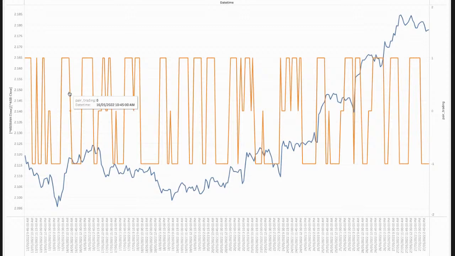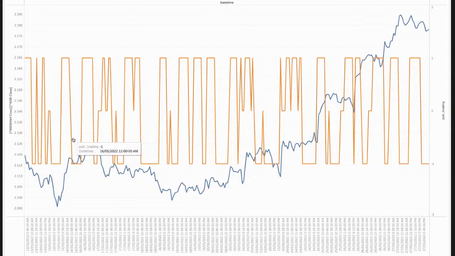So let's say we are receiving a -1 signal on 13th May 2022, right, around 1:30 p.m. Is that correct? So okay, when it is going up, it means it is a buy signal. When it is going down, it means it is a sell signal. This is how we have it.